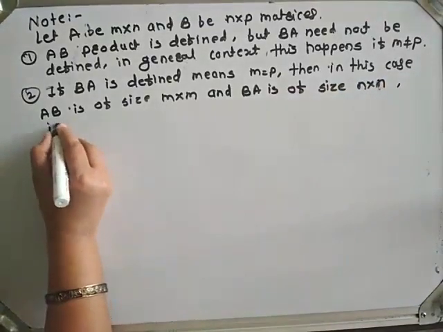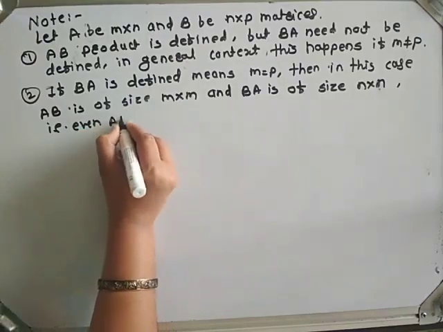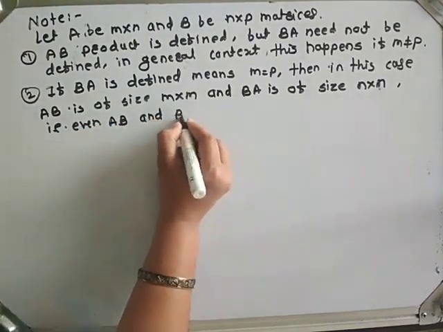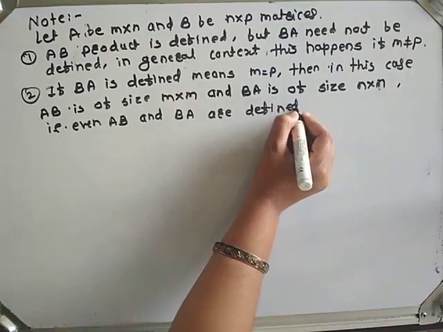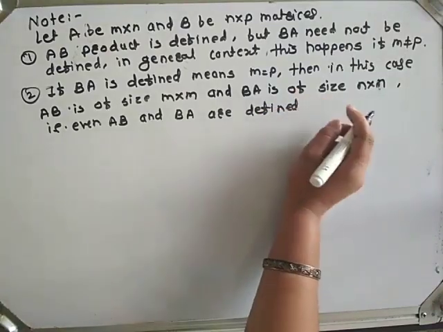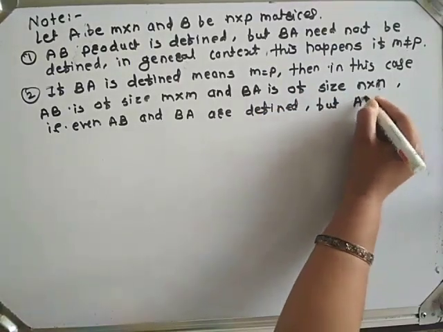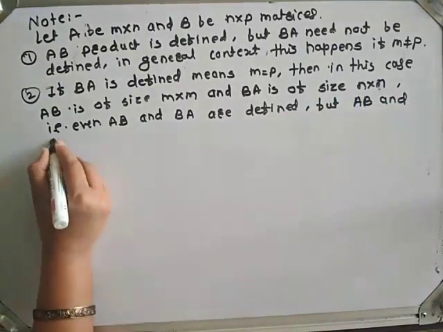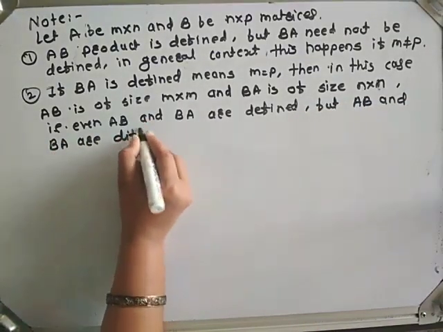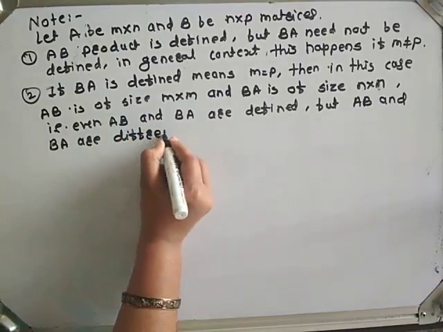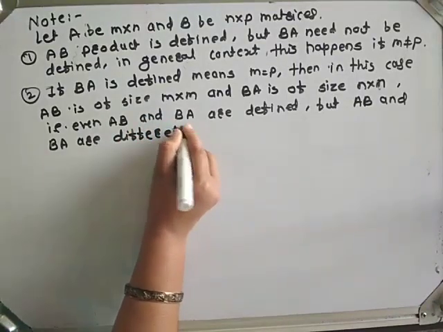That is, even if AB and BA are both defined, AB and BA are of different sizes.